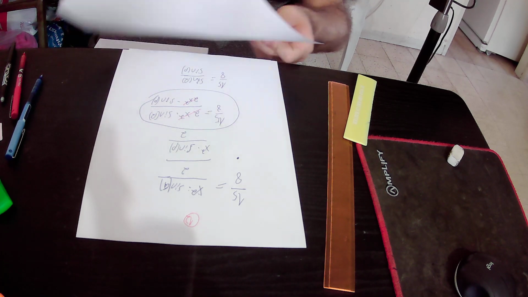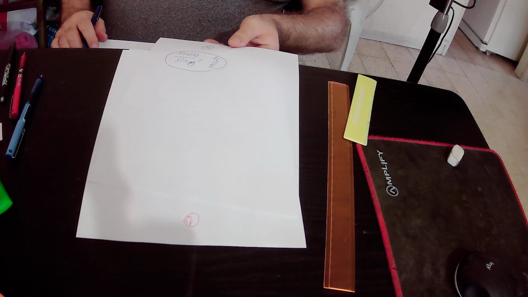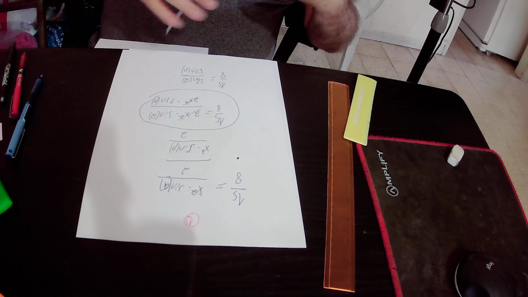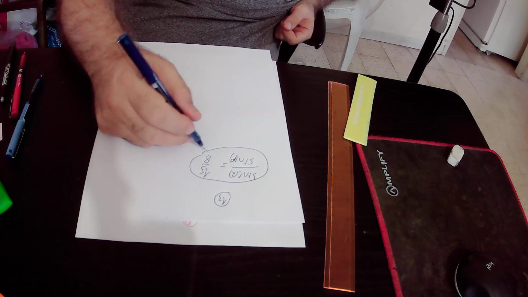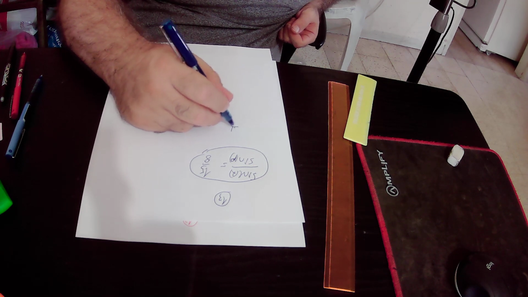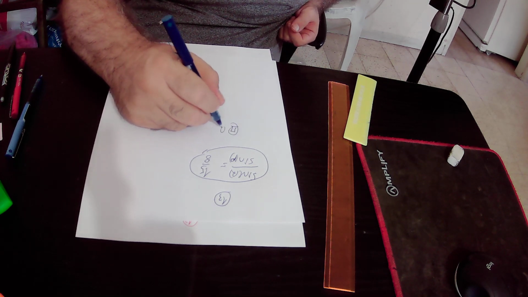Sine Q over sine P equals 15 over 8, but we have already found out, according to equation number 2, that Q plus P equals 120 degrees.